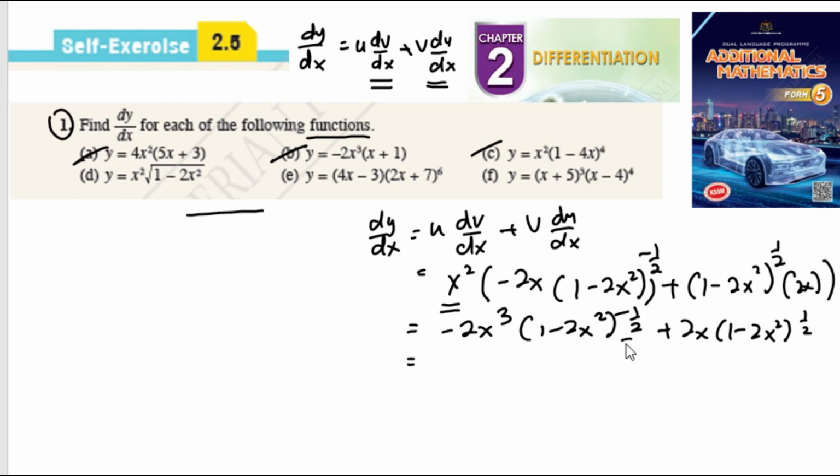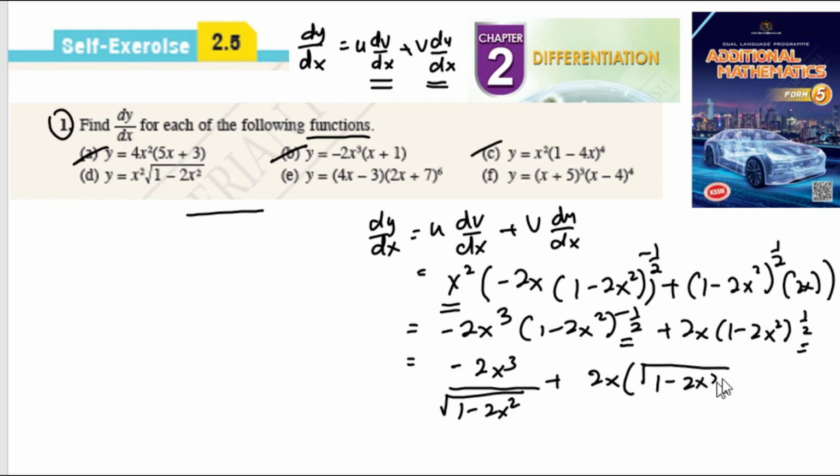So you see here, this one is negative half and this one is half. So negative 2x cubed, with the negative half power going below, 1 minus 2x squared, plus 2x, with the half power going above, so it is the square root of 1 minus 2x squared. To combine this, you have to make the denominator equal.